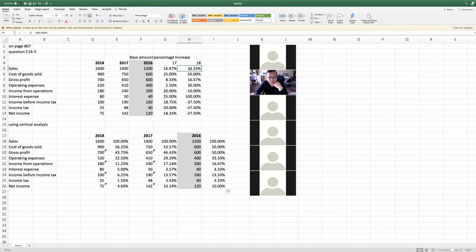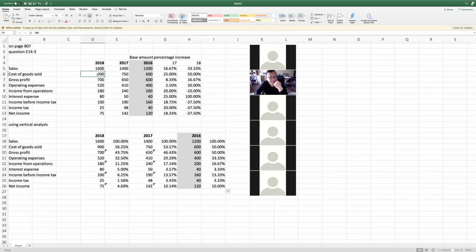Even though you made a lot more sales. Look at this. In 2018, you make $400 more sales here, but you are not making more money. So what happened? Basically the cost of goods sold increased by 300.